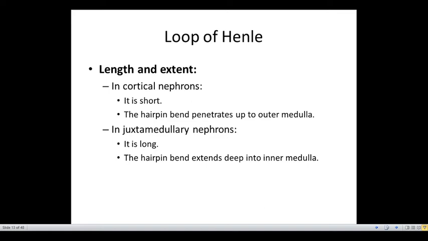In cortical nephrons, it is short and the hairpin bend penetrates up to the outer medulla. The length is different in the other major type of nephron, which is the juxtamedullary nephron. It is long, and the hairpin bend extends deep into the internal or inner medulla.